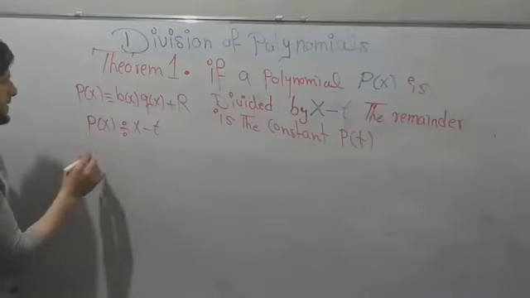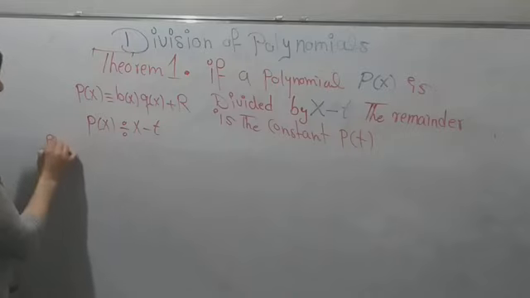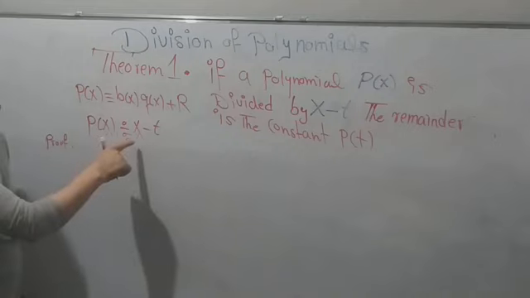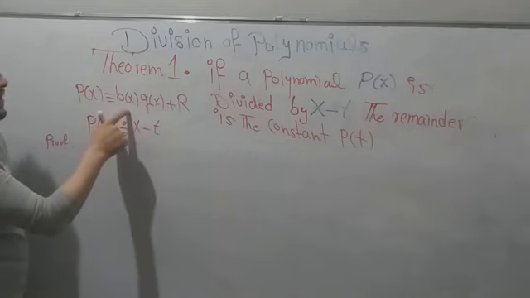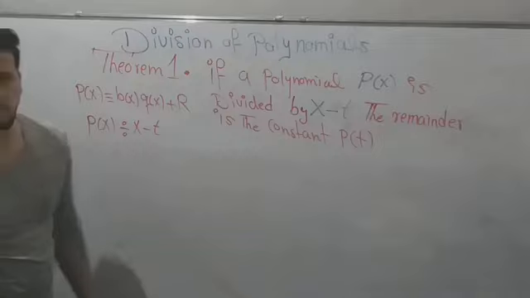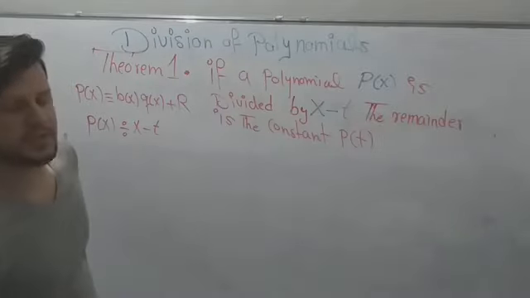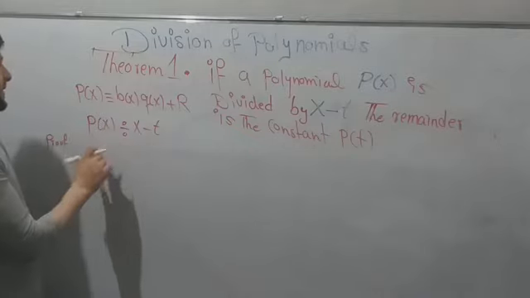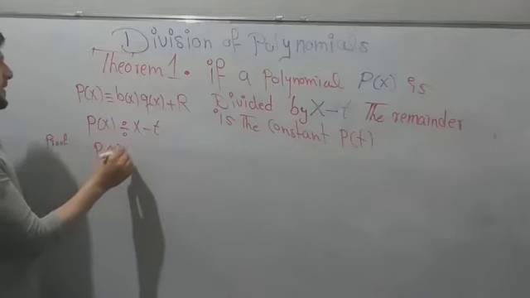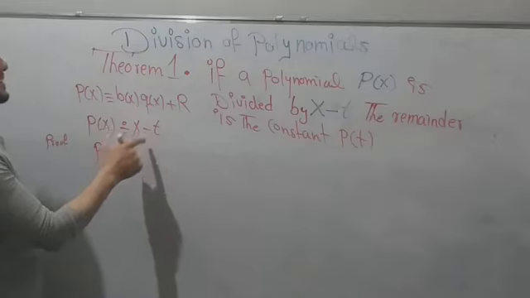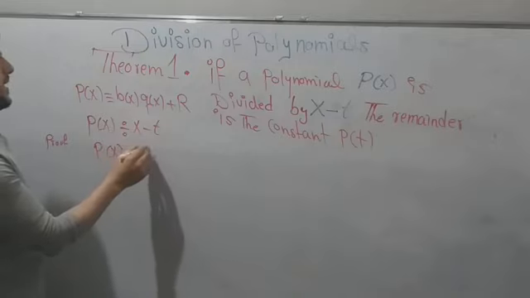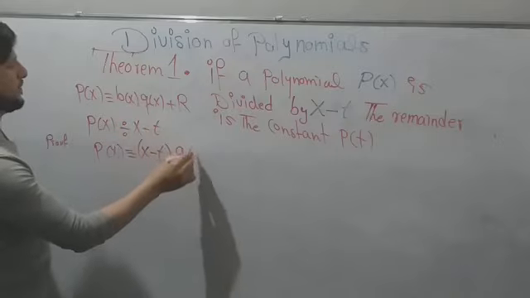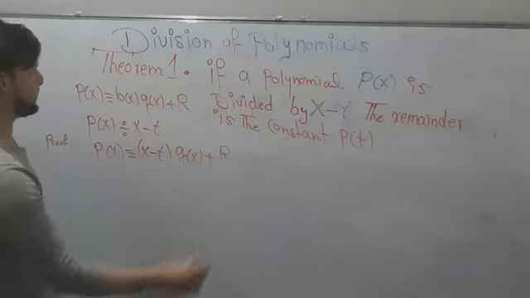How to prove this? See, if you divide p(x) over x minus t, you have to apply this case. p(x) is equal to x minus t multiplied by q(x) plus r.